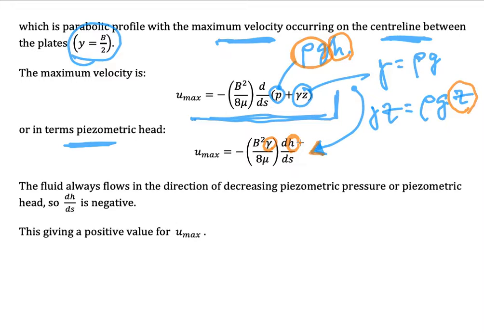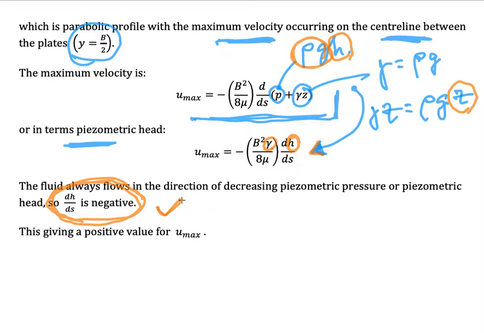The fluid always flows in the direction of decreasing piezometric pressure or piezometric head. So we give dh/ds as negative. Another idea that we could use for this statement is, when water flows, for sure it creates pressure drop. So that's why we have dh/ds negative.